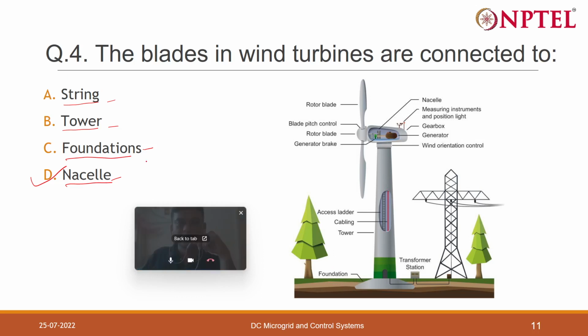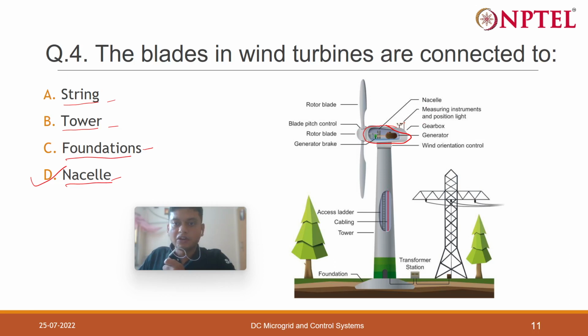And this nacelle is the outer casing in which we see the gearbox, generator, brake, and rotor, and also the rotor blades are connected with this nacelle.